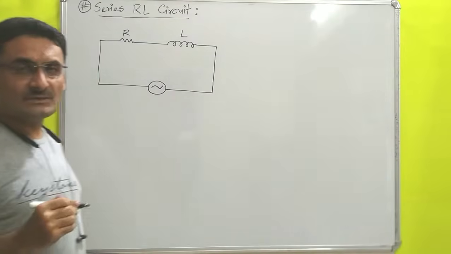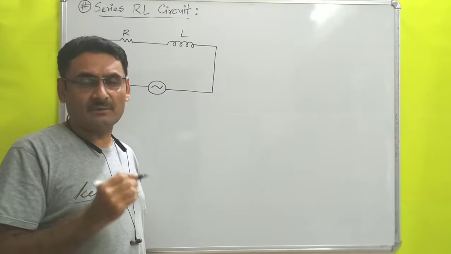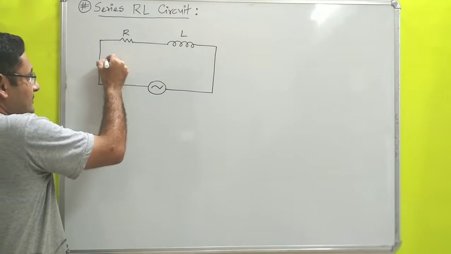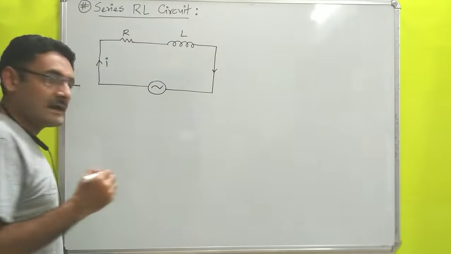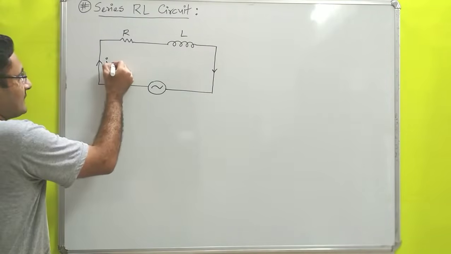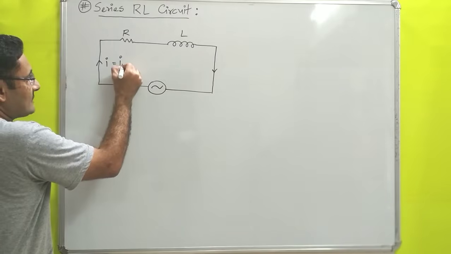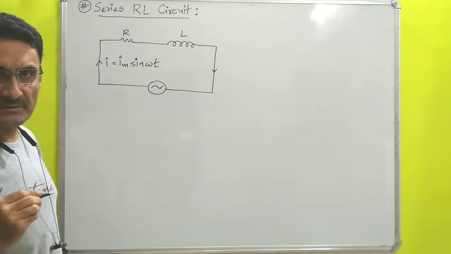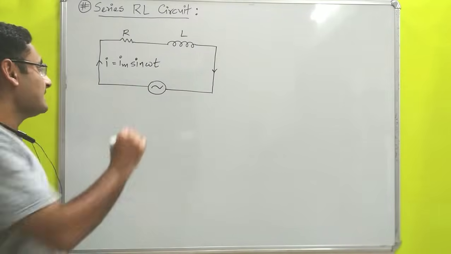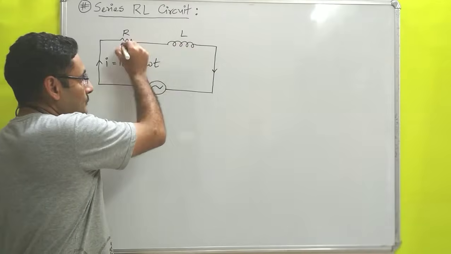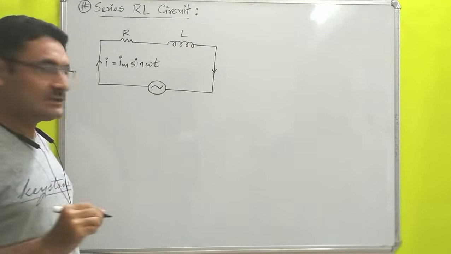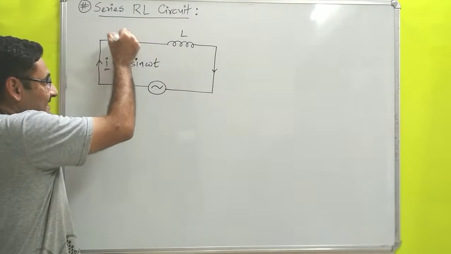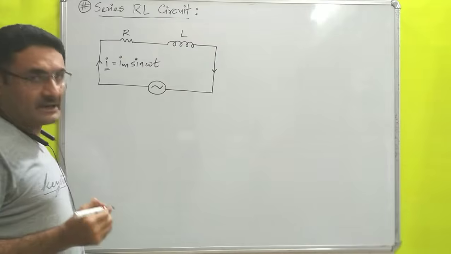For our ease, we will consider that at a particular time, current is flowing in this direction, which is the clockwise direction. The equation of current we will consider as i equals Im sine omega t. As we know very well, the resistor and inductor are connected in series, so whatever current flows in the resistor, the same current flows through the inductor.